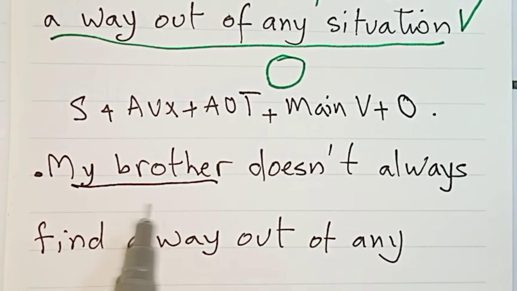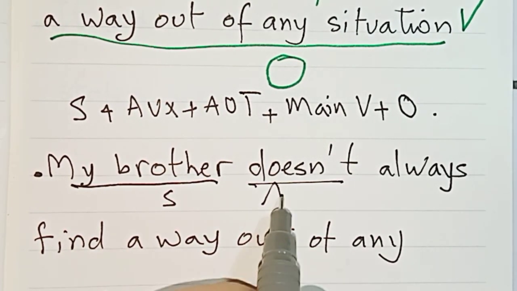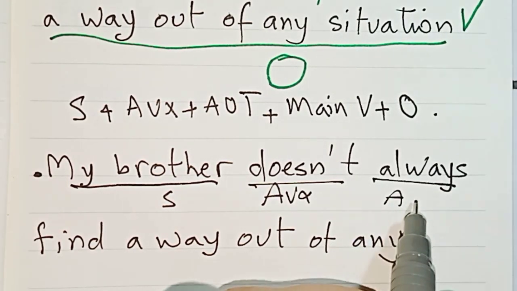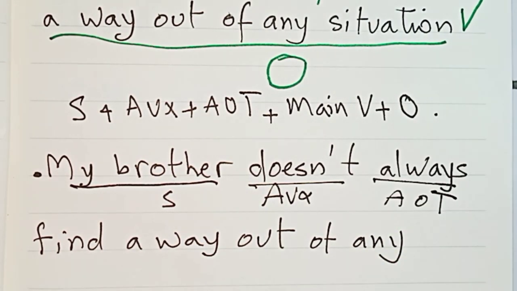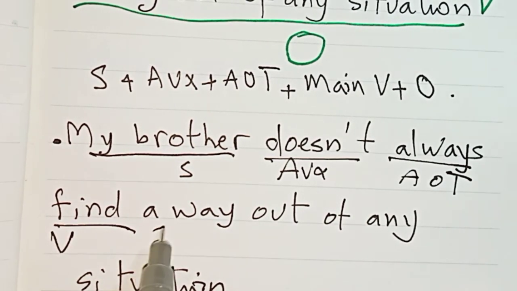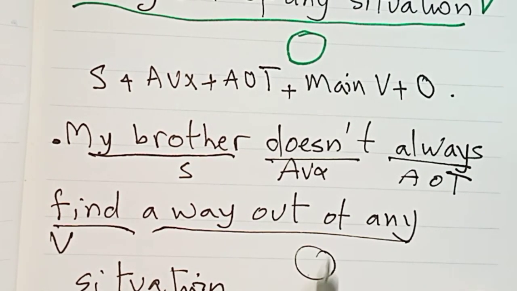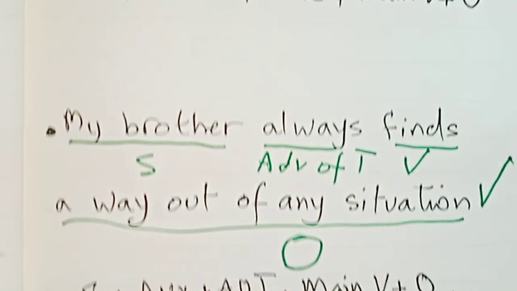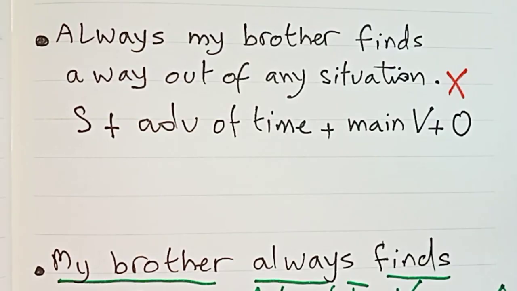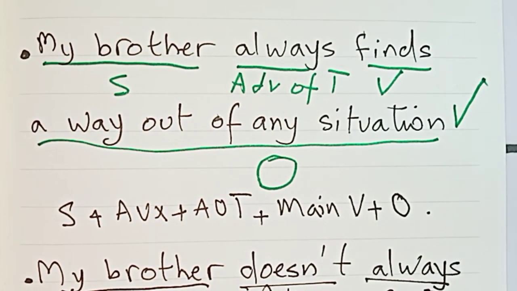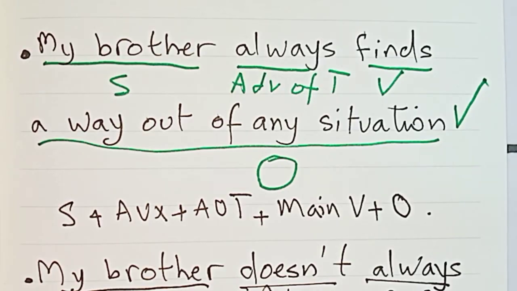So compare the first, always my brother finds a way, with the second, my brother always finds a way.